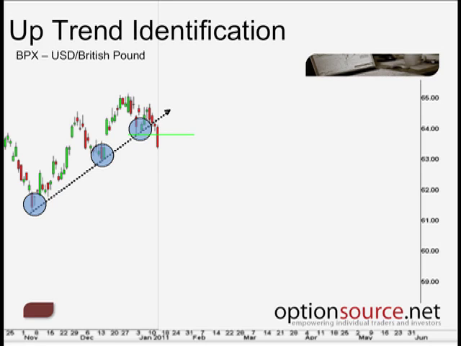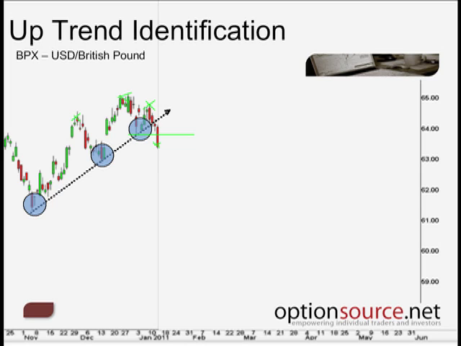So that observation gives us some inclination that perhaps the trend is starting to change, because we're no longer making higher highs, as you can see here, higher here, higher here, and higher lows. We're starting to make lower highs, and now here we have a lower low.